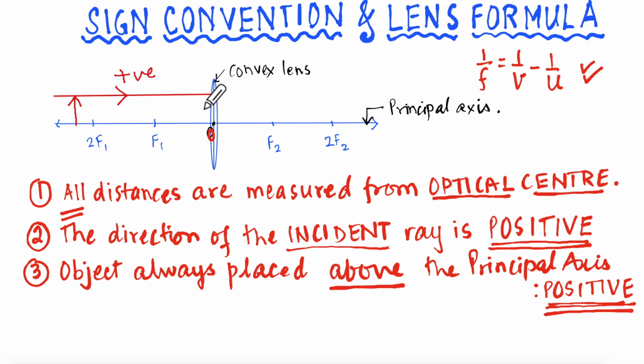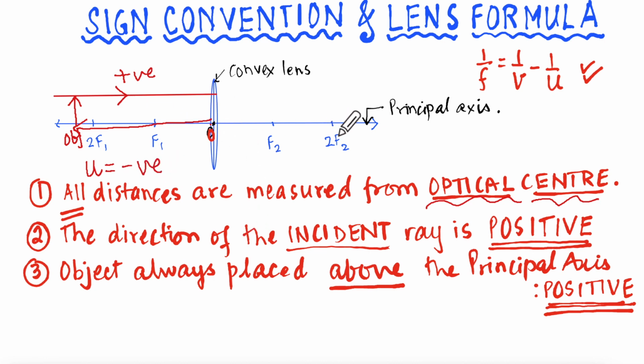Because the incident ray will come from the object. Now, the object distance will be measured where? From the optical center. Where is the optical center? Here. So you have to start measuring in this direction. So when we measure this way, the object distance, which is denoted by u, will be negative.